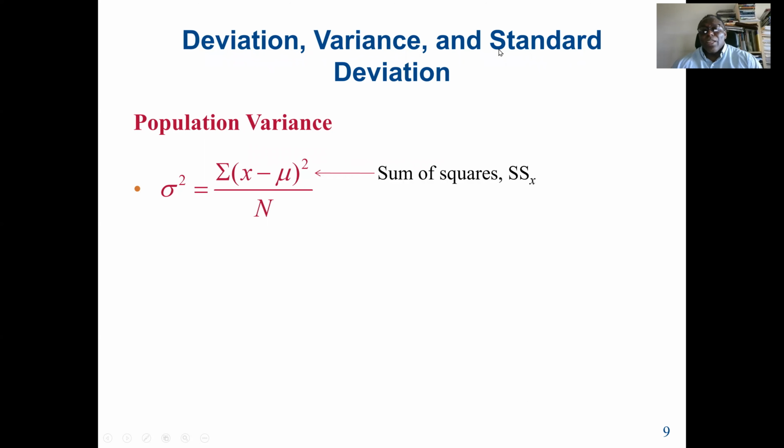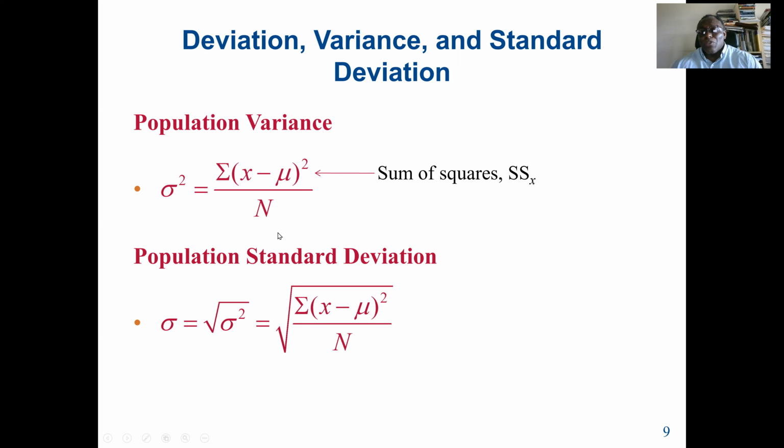Now, how do we find the variance? It's almost the same as the deviation, but this time we find the individual value minus the mean, all squared, before we add everything together. So we don't get 0. Then after that, we divide. If it's a population, we divide by the population size.